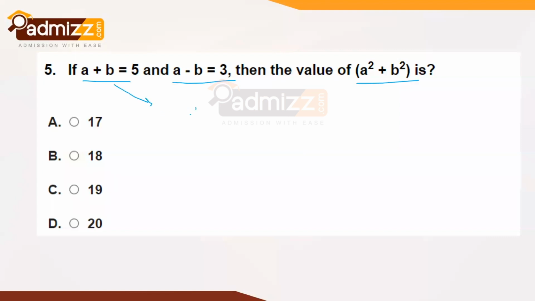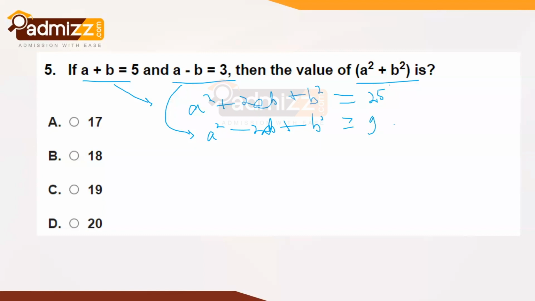From this, we get a squared plus 2ab plus b squared is equal to 25, right? Then from this, we get a squared minus 2ab plus b squared is equal to 9, right?